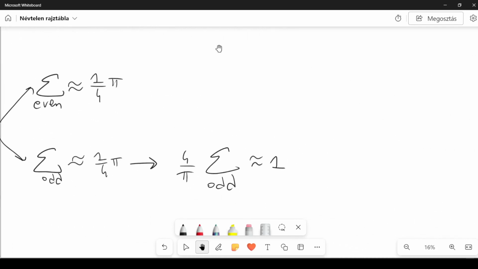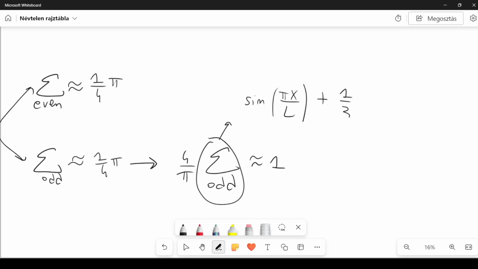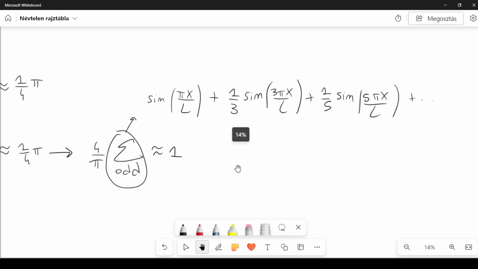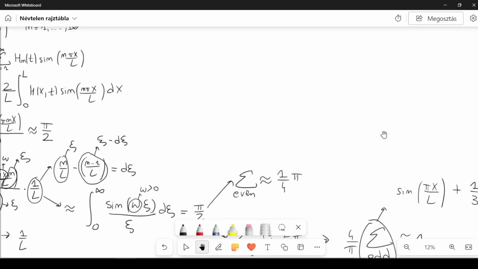So we have the sine of pi x over L plus 1 over 3 the sine of 3 pi x over L plus 1 over 5 the sine of 5 pi x over L plus dot dot dot, and you get the idea, right?